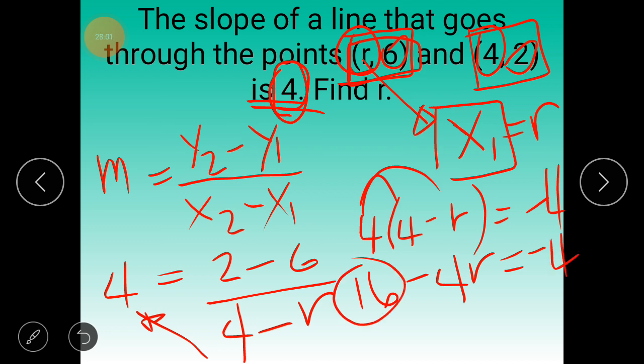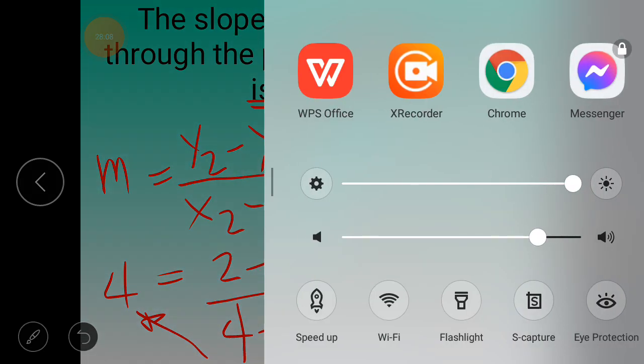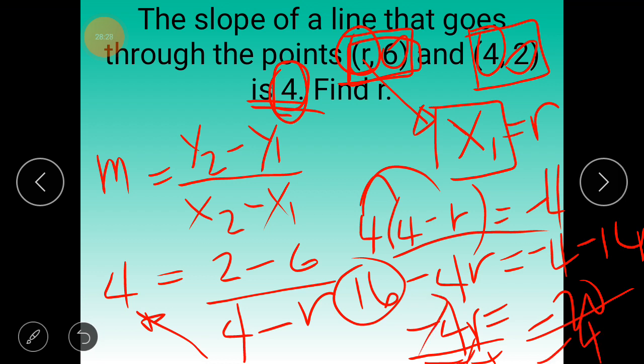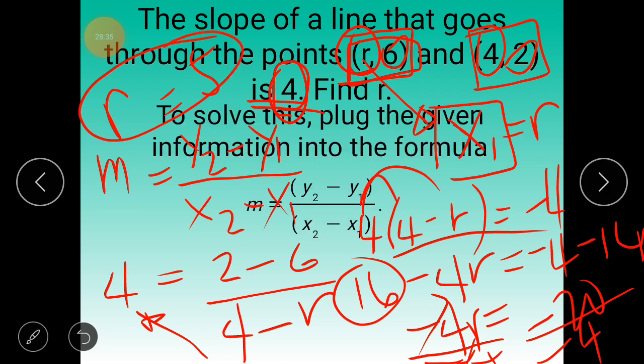Then transpose 16 to the other side, so it will become negative 4r equals negative 4 minus 16, which equals negative 20. Then divide both by negative 4. So your answer here is r equals negative 20 divided by negative 4. You'll get positive 5, right?